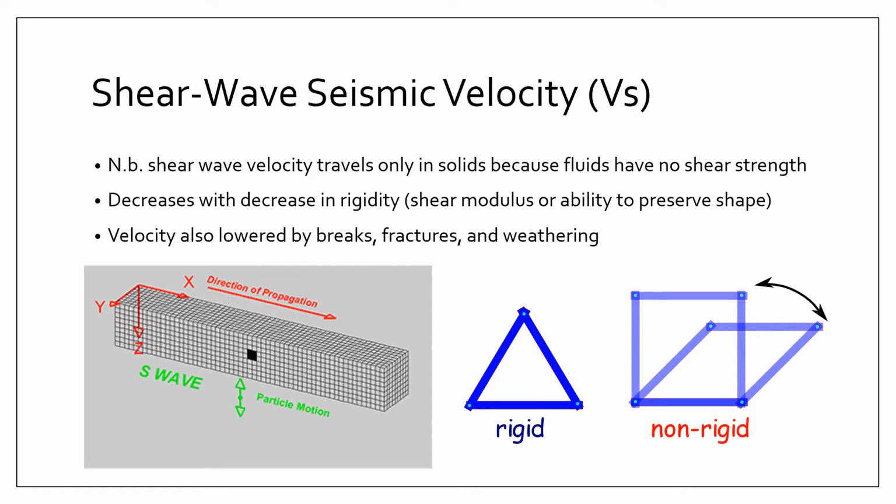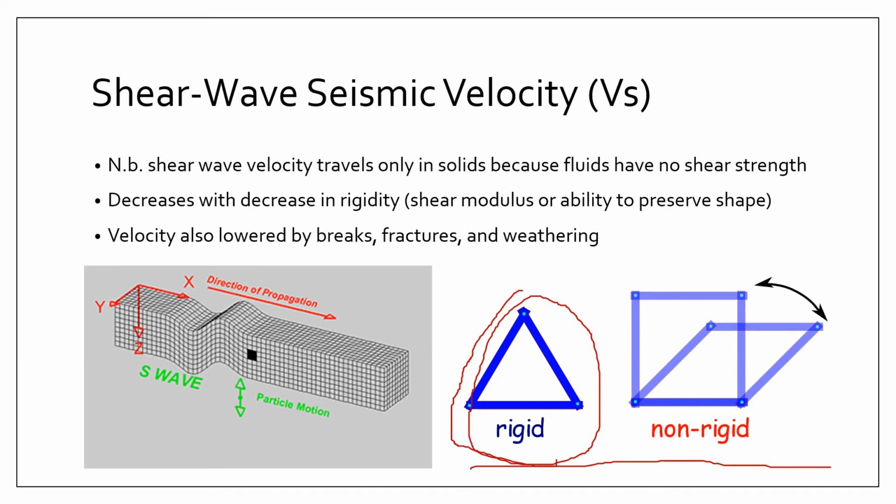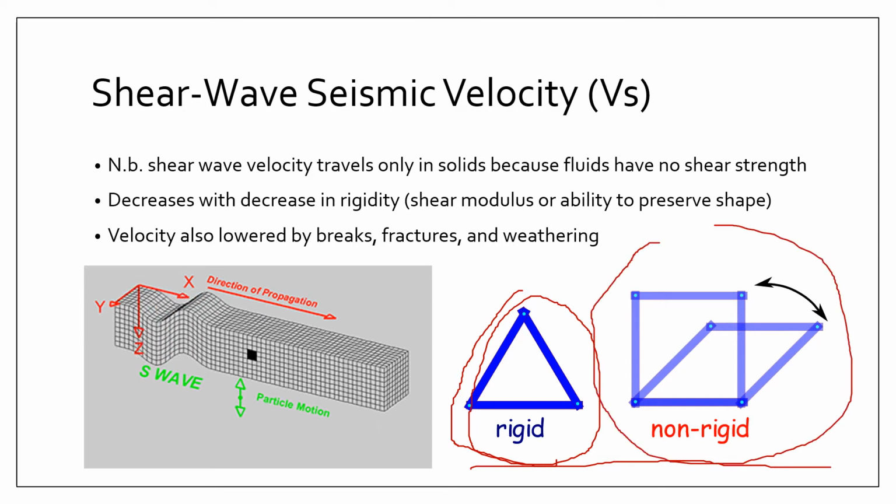As you can see in this figure here, a triangle, for example, is highly rigid. It can easily resist changes in its shape, while a square here is quite susceptible to changes in shape.